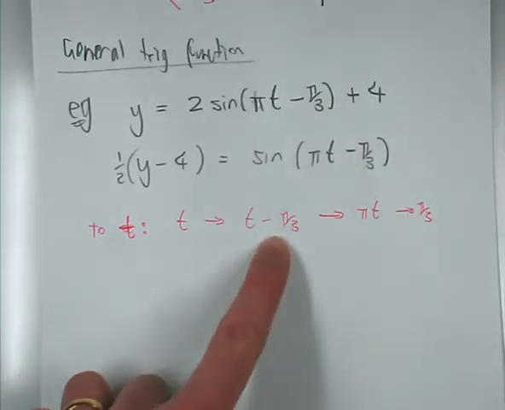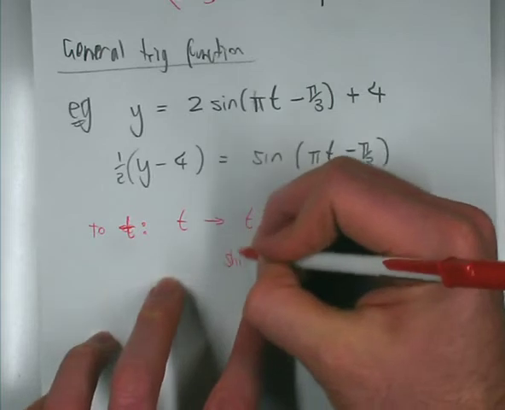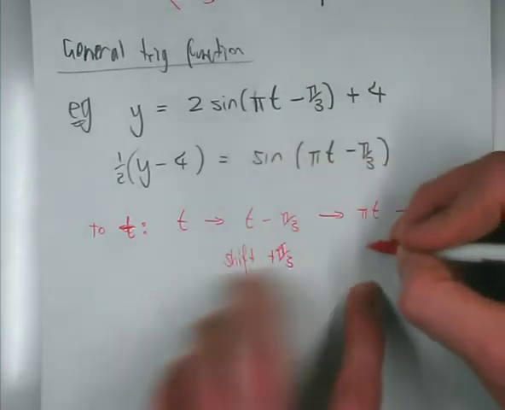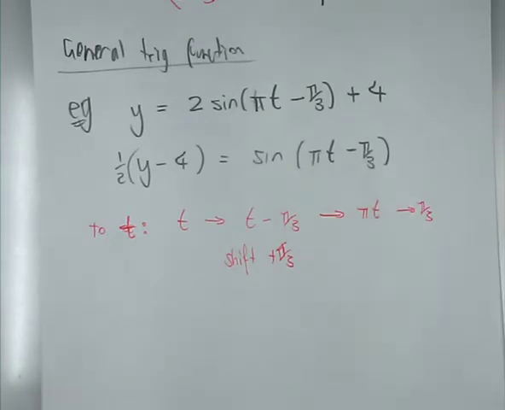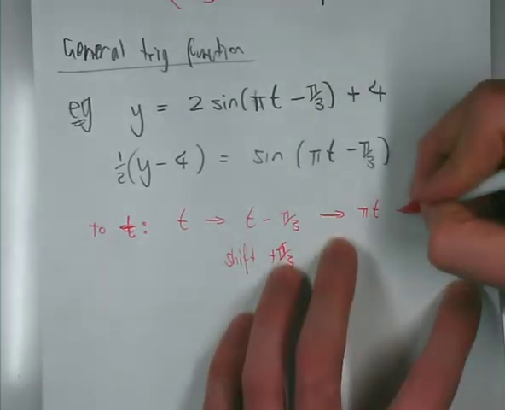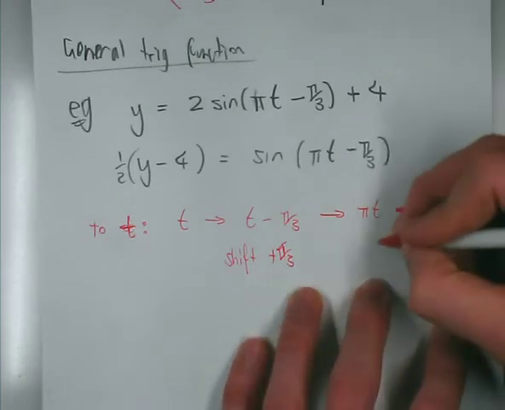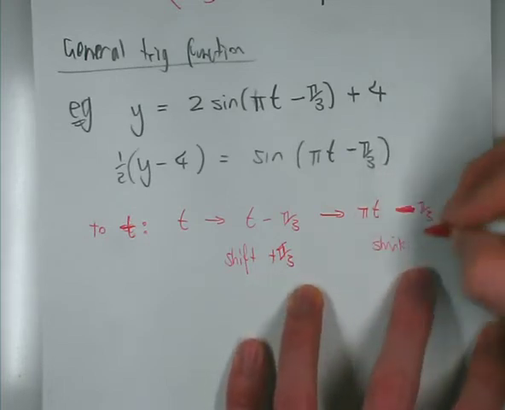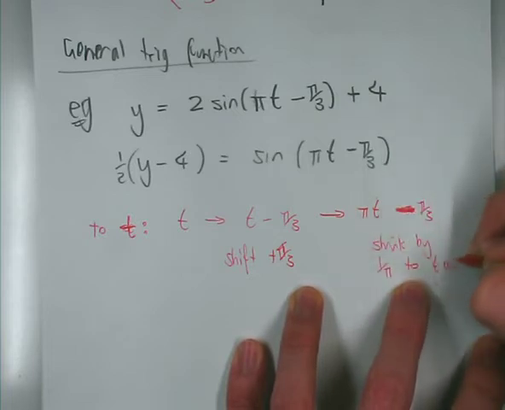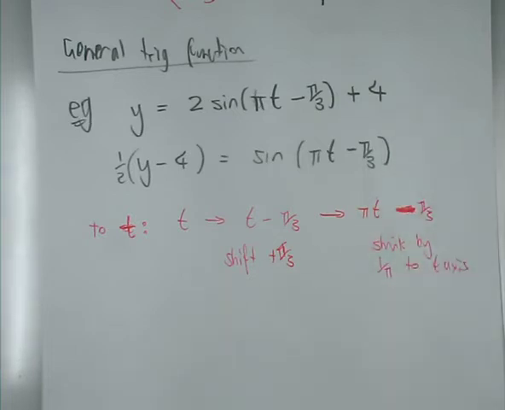So this move would shift it by pi on 3 on the t-axis, and this move would actually shrink it inwards by dividing everything by pi. Okay, so that's telling me that what's happened is I've changed the places where it does all of its stuff to move it by pi on 3, and then I've shrunk it down.